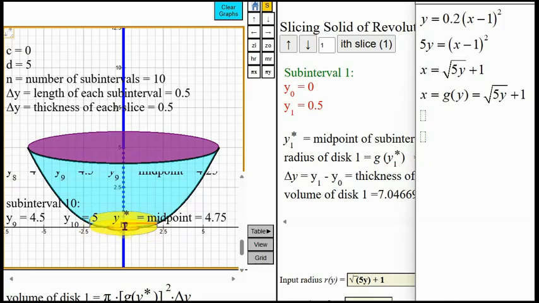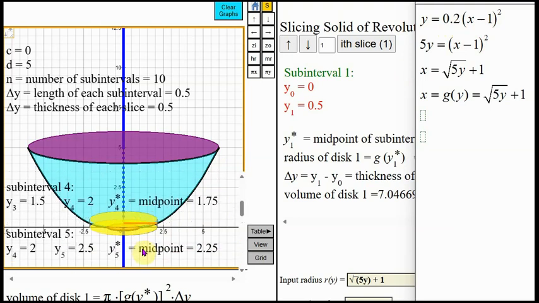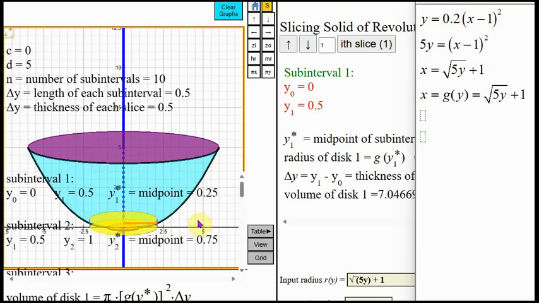To figure out what this radius is, we need to go back to this function right here, which was y equal to 0.2(x minus 1) squared. And so here we're given a y, the midpoint of 0.25. Then we need to find the corresponding x. So here the function is y equal to 0.2(x minus 1) squared.